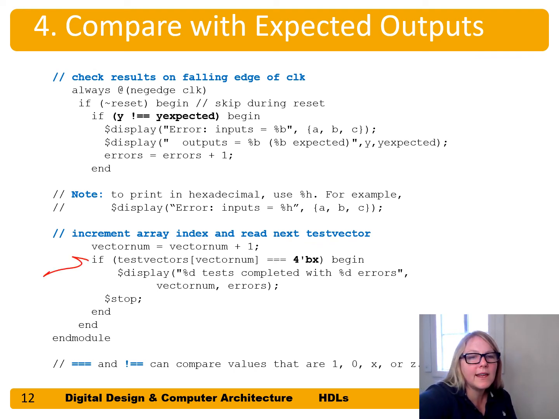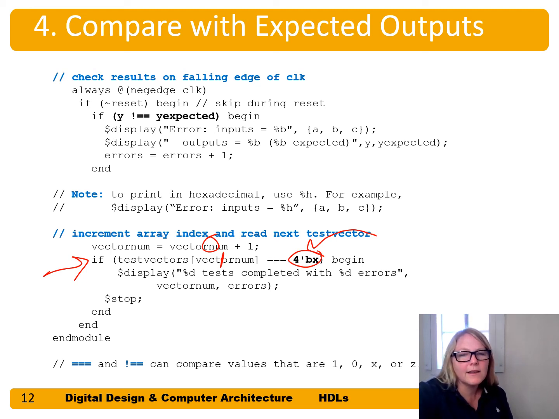And so now it checks and says, hey, are we done with valid values in the test vectors array? If test vector sub vector num, so for example, after the first run through, we had 0 plus 1. If test vector sub 1 is undefined, 4 bits of binary x, then there are no more test vectors to assign to the inputs. In this case, that wouldn't happen until vector num equals 8, because test vector 0 through 7 are defined.